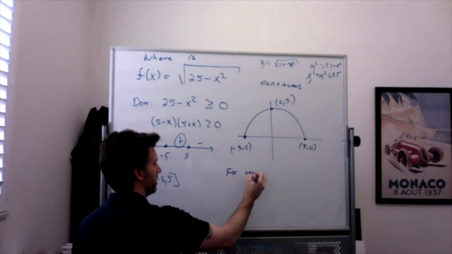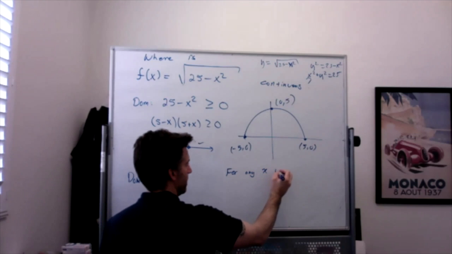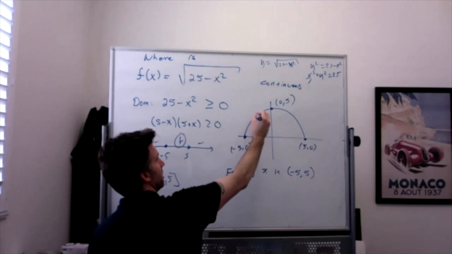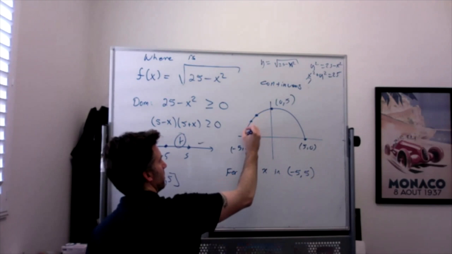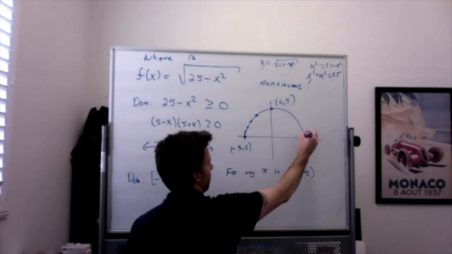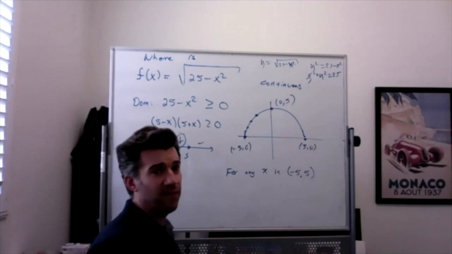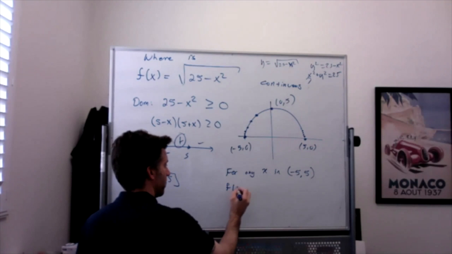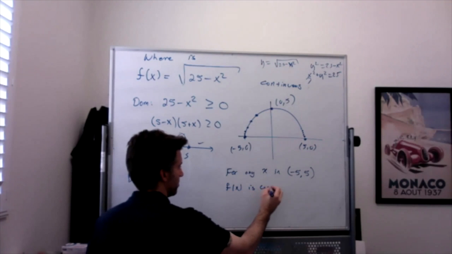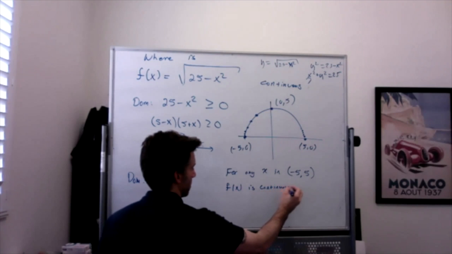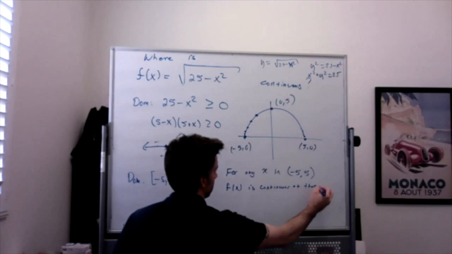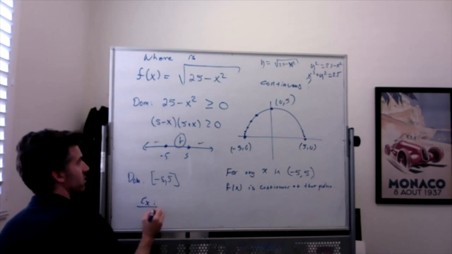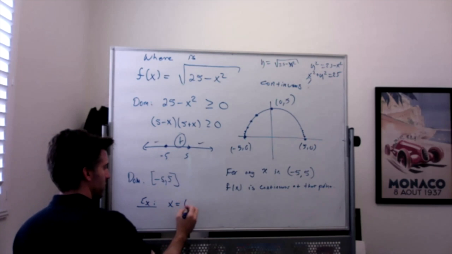For any x in the open interval from negative 5 to 5, so like this point here, this point here, any point except for the endpoints, it definitely looks like this is continuous. f of x is continuous at that point. For example, x equal to -3.